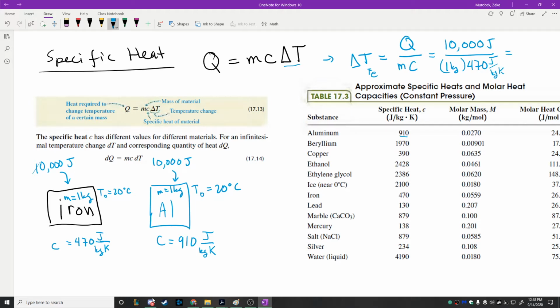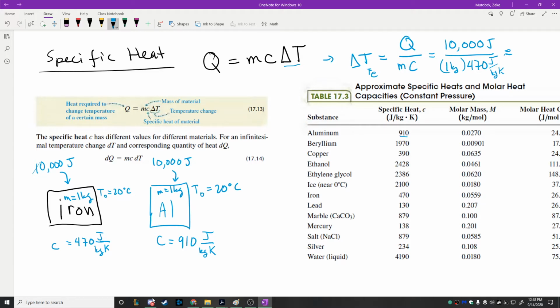And we would get delta T. It's basically 10,000 divided by 500, so it's going to be approximately 20?